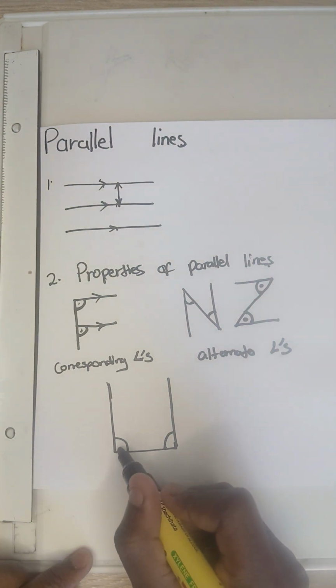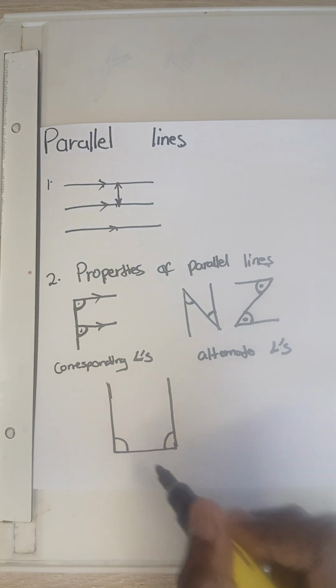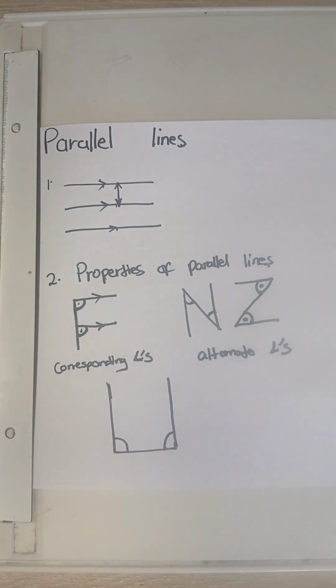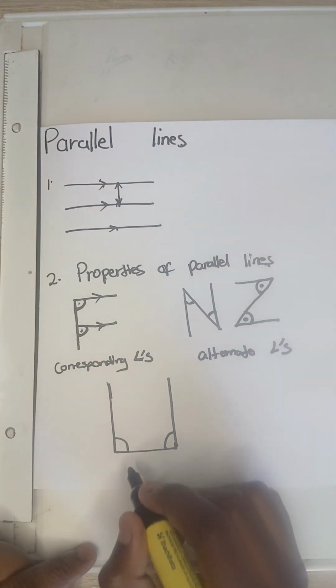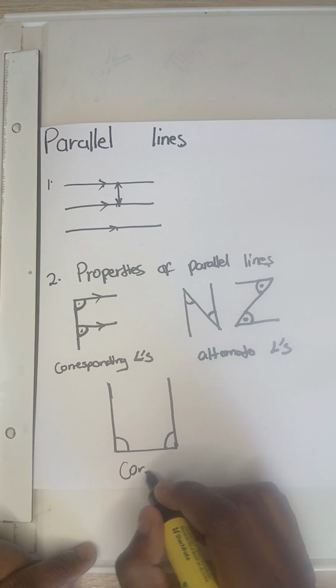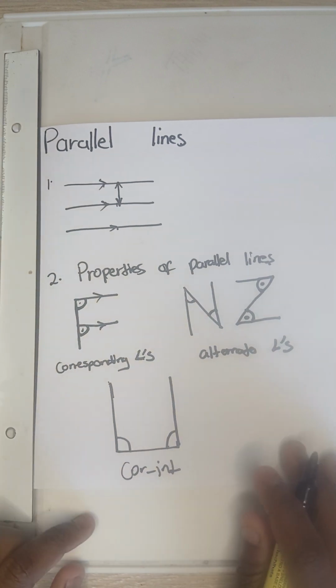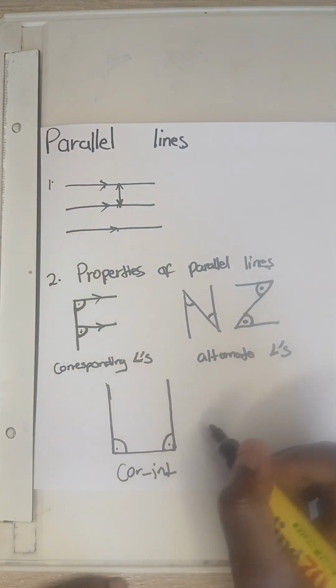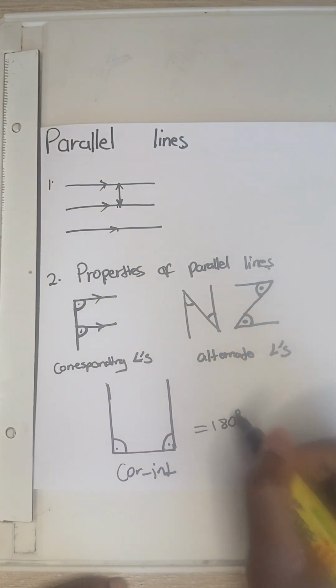If this angle over here is 90, this angle over here will be 90 in order to add up to 180. Take note, they are not equal. They add up to 180.